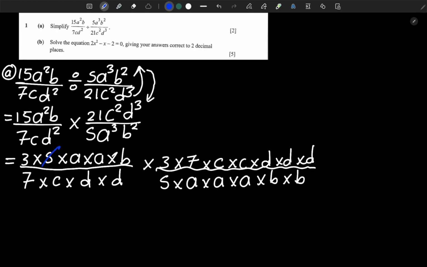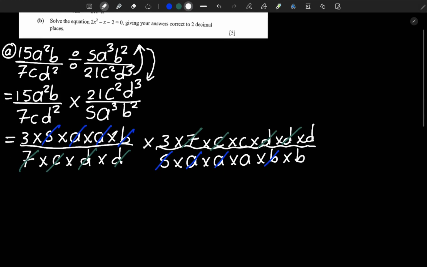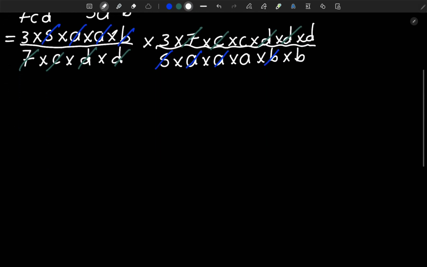So we can see that we have a 5 here, this a goes, this a goes, this a goes, this a goes. Then we have a b here, we have a b here. So we are done with this diagonal. We move on to the other one. We cancel the 7. The 7 goes. C, even here, the C is done. D, this one goes, this one goes, this one goes.